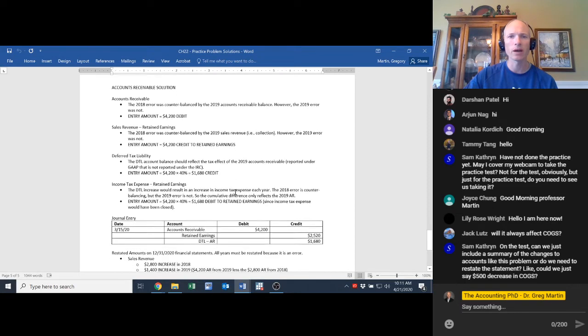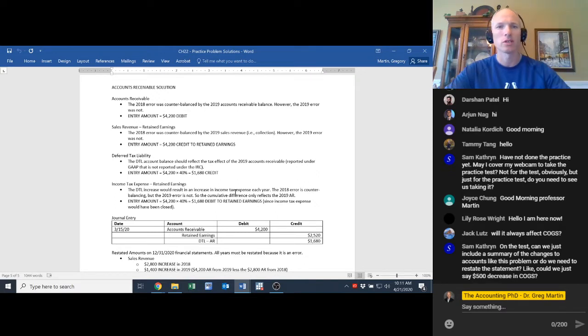And so let's talk about the accounts receivable. The error in 2018 would have been counterbalanced by the 2019 accounts receivable balance. Again, the idea here is that any mistake that happened in 2018, whether it was corrected or not, is corrected in part by whatever our ending balance is in 2019.